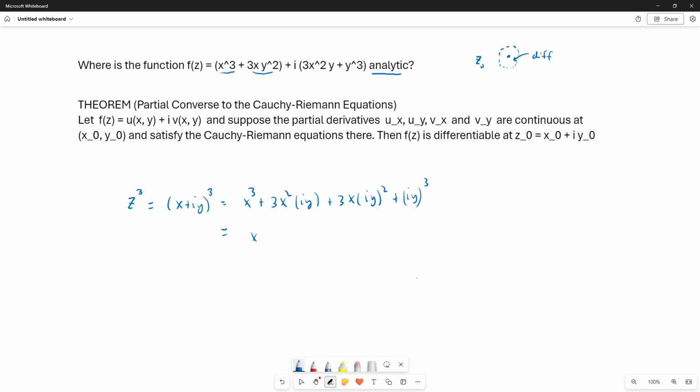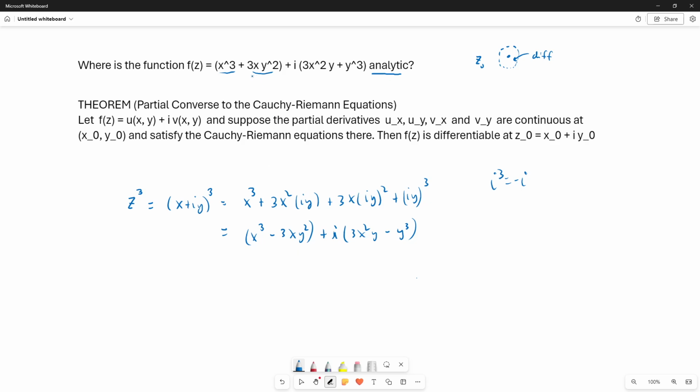And let's look at the real part. x cubed is real, minus 3x y squared, that's the real part. And then the imaginary part, we have 3x squared y, and then i cubed is negative i, so this is minus y cubed with the i in front. So this is z cubed.